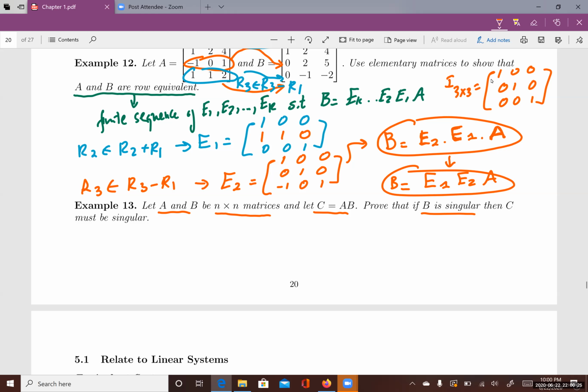using the direct proof technique. Direct proof just means I assume that B is singular, right? And then I want to show that C must be singular.